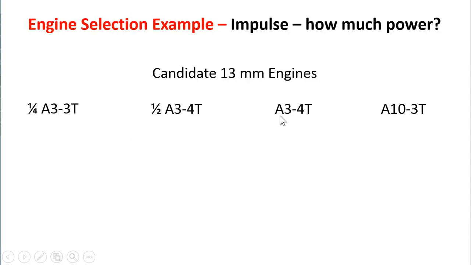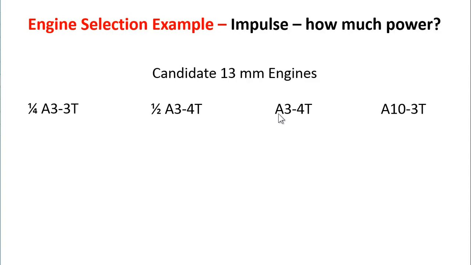In this case, the A engines, both of these, have the same power rating, the same impulse rating. This engine is a 1/2 A engine, so it only has half the power, half the impulse that the A engines have, and the 1/4 A engine only has half as much as the 1/2 A does, or 1/4 of what the A engine has.